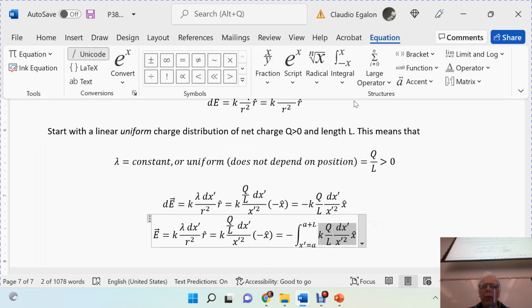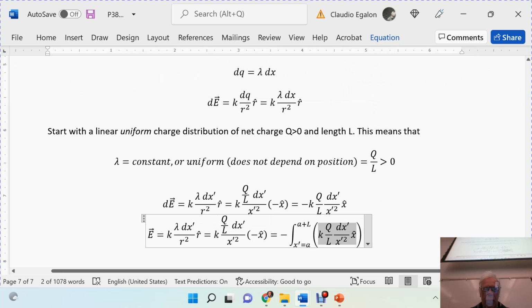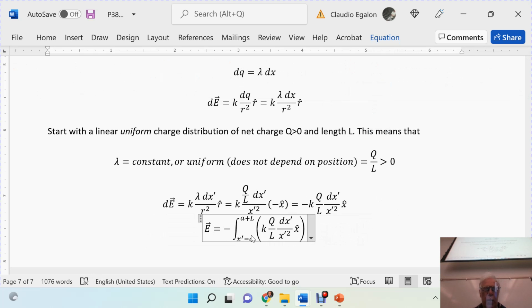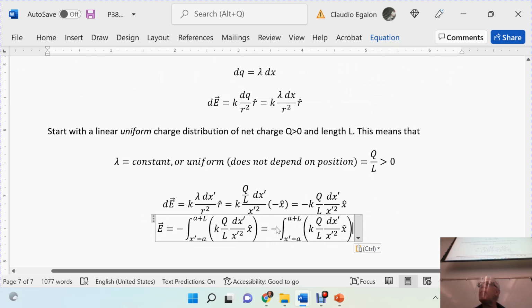Okay, I want you to tell me what is constant and what is not constant, right? The negative sign is obvious that it's constant, so I put it outside the integral. Okay, don't need that anymore. Tell me what's constant and what is not constant.